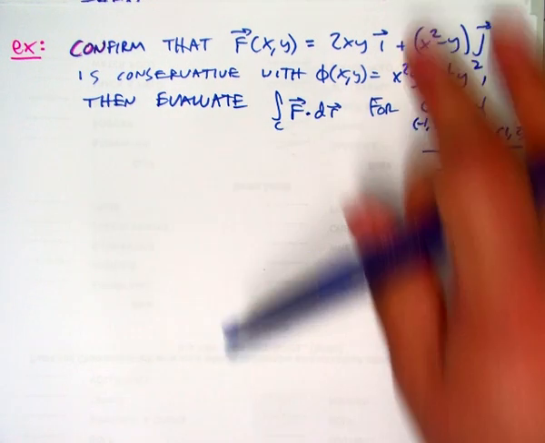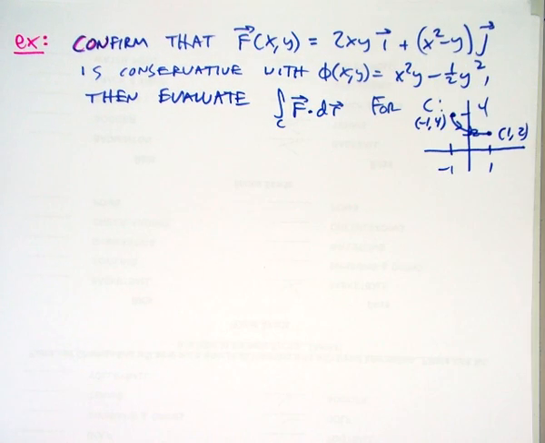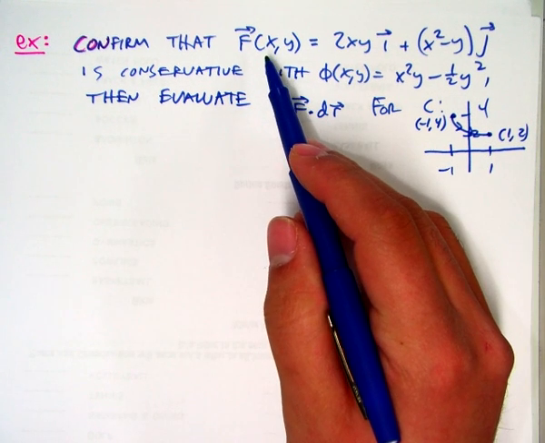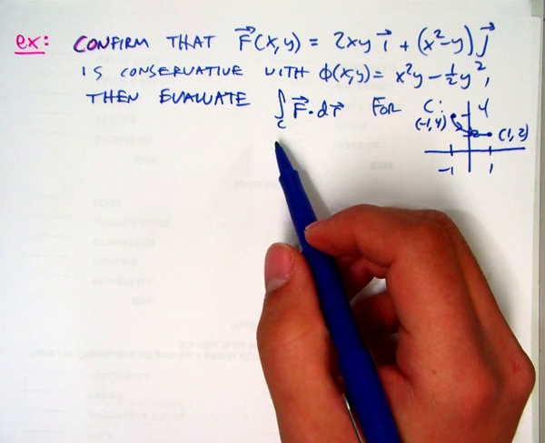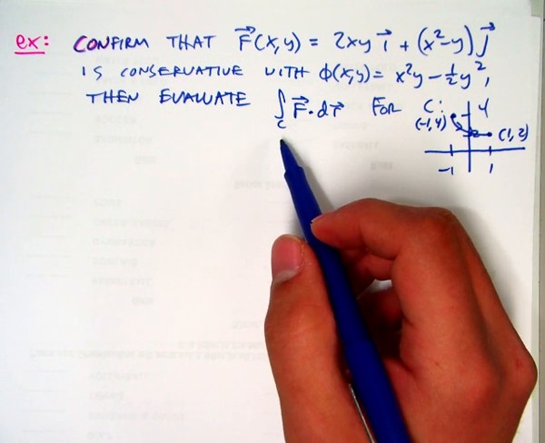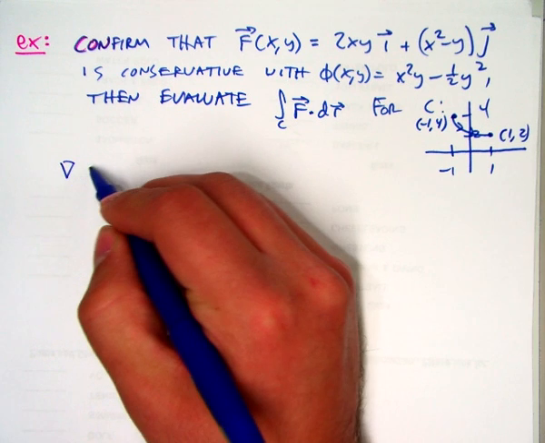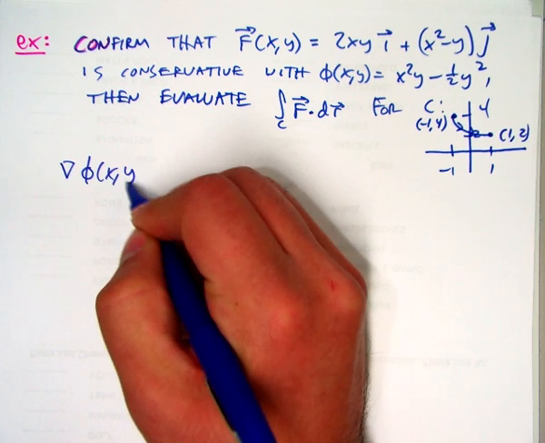Okay, so again, we're starting easy. They're telling us everything we need to know. We just need to show that it actually works. How do we know if the vector field is conservative? So the gradient of the potential function has to be equal to the vector field.